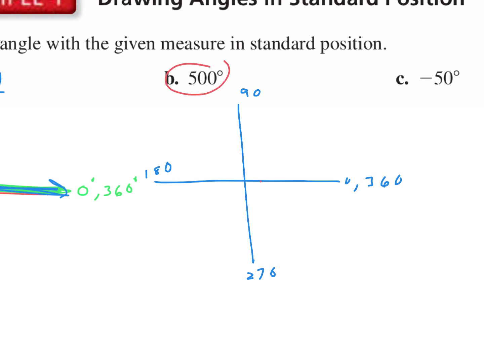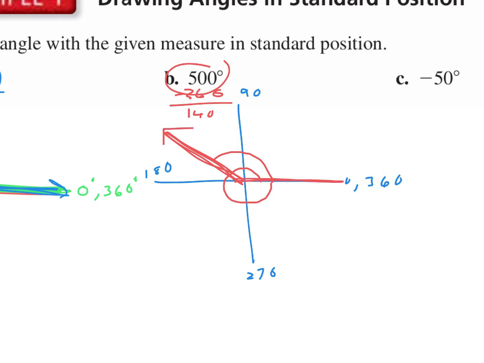If we go all the way around the circle to 360, we still have to go more than that. How much more do we have to go? 140. We would do 500 minus 360, and we have 140 left. So we're just going to go around 140 more. We go past 90, not quite to 180, and we have it here.